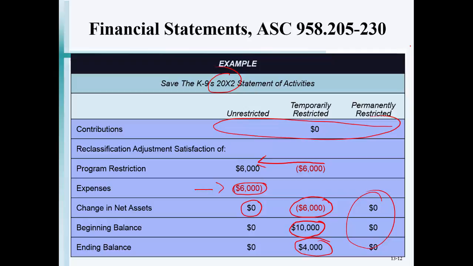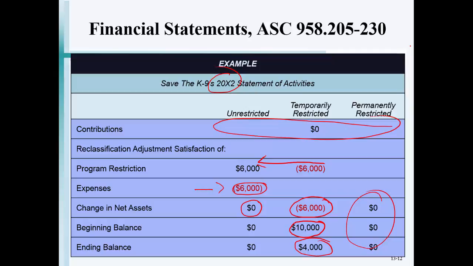What would happen for a not-for-profit is that they would have their financial statements audited. And when they have those financial statements audited, the auditors would be looking to see, well, you had this contribution that came in that was temporarily restricted.